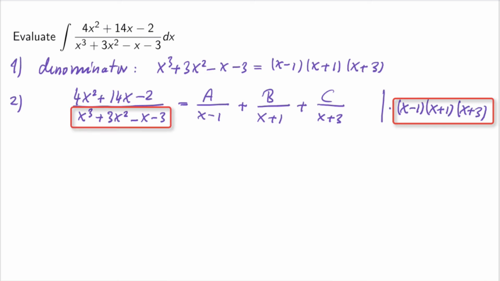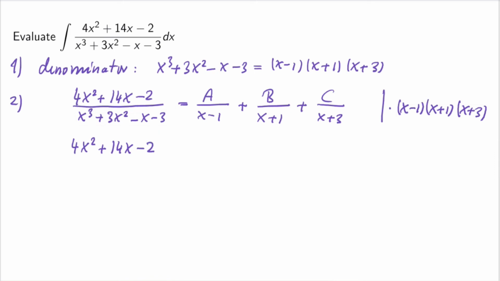Which means if I multiply the equation by it, it will be cancelled on the left-hand side. So on the left-hand side, we just keep 4x squared plus 14x minus 2. And then the product cancels the denominator. Done. Okay, now the a term. The a term has a factor x minus 1, which is also a factor I'm multiplying with. So they cancel. But then the factors x plus 1 and x plus 3 stay.